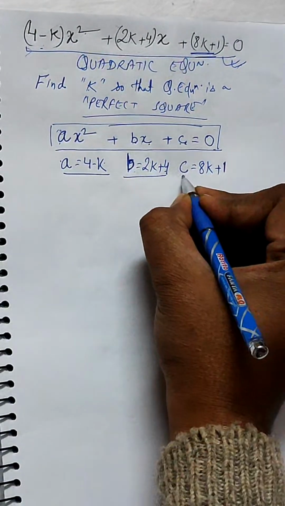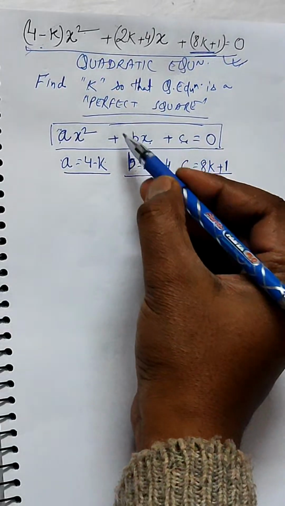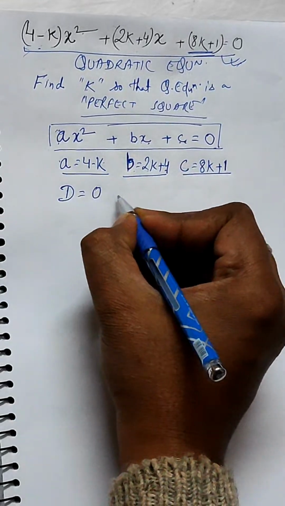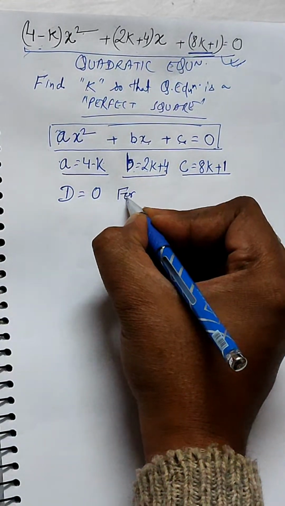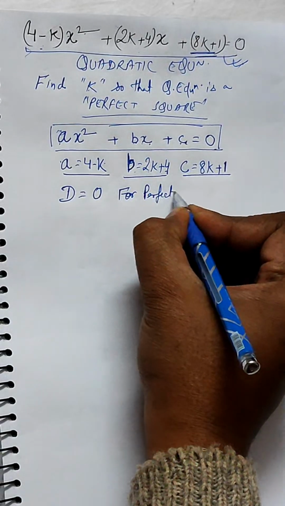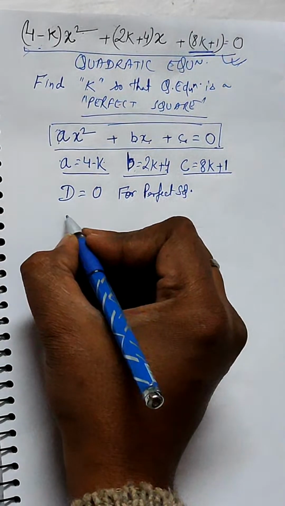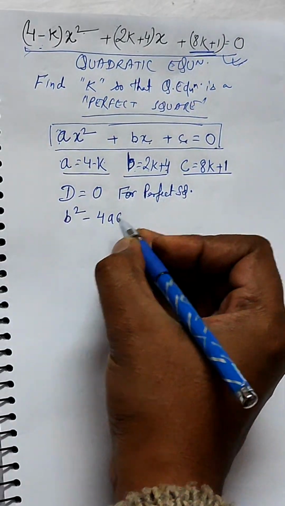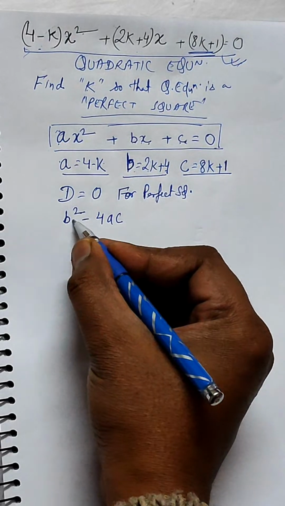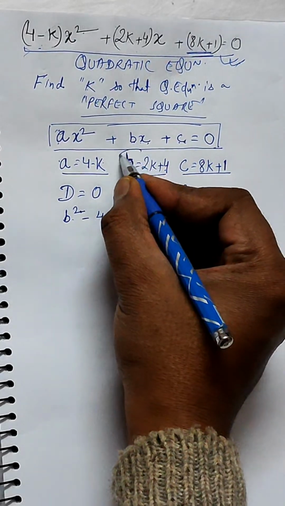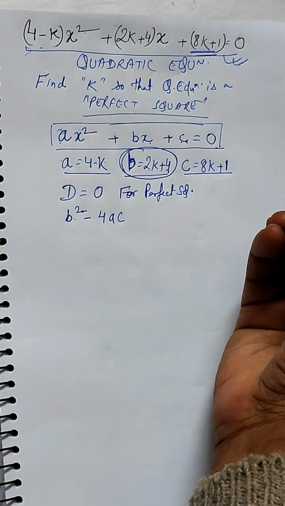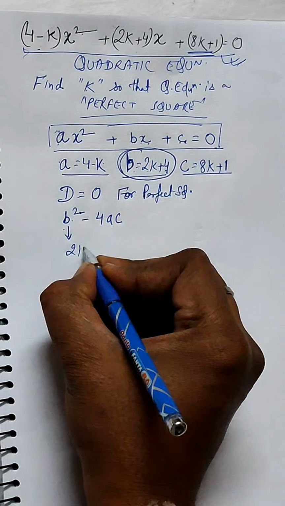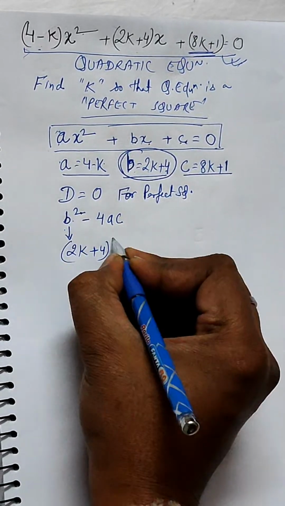So in this case, the discriminant D should be equal to 0 for a perfect square. And what is the value of the discriminant? It's b square minus 4ac. The value of b square will be 2k plus 4 whole square. In place of b, just put 2k plus 4 whole square.